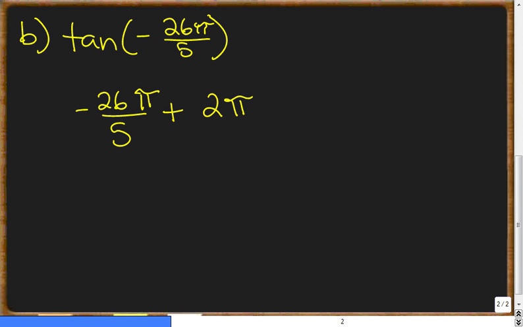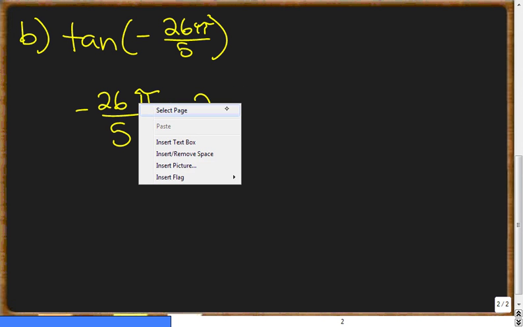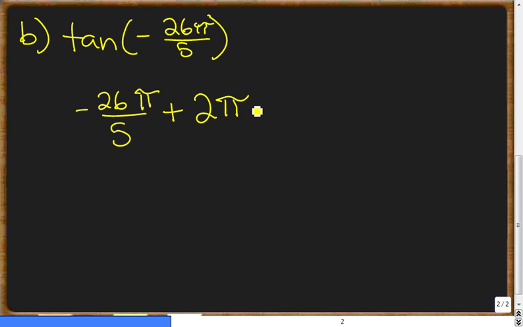Or if I add 1 pi to it, it's the same value. So let's say I add 2 pi to this. We've done a video like this before, so I'm going to add 10 pi over 5. That makes negative 16 pi over 5.